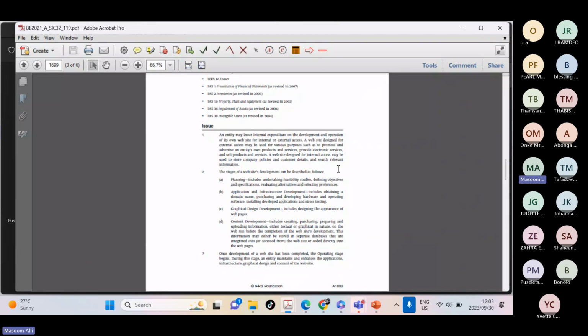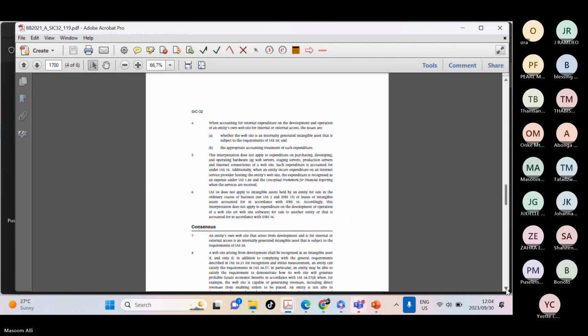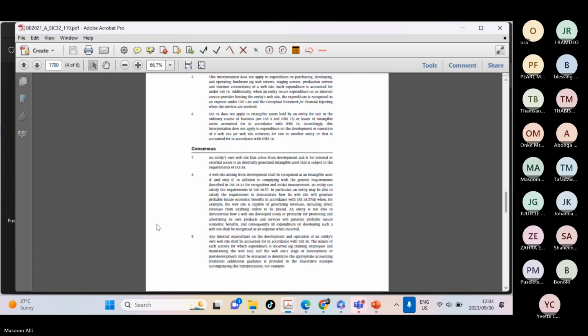They will stick very, very much to this. Now, your question is, how do you determine whether you're going to capitalize it or expense it? So you start off over here from paragraph 7.